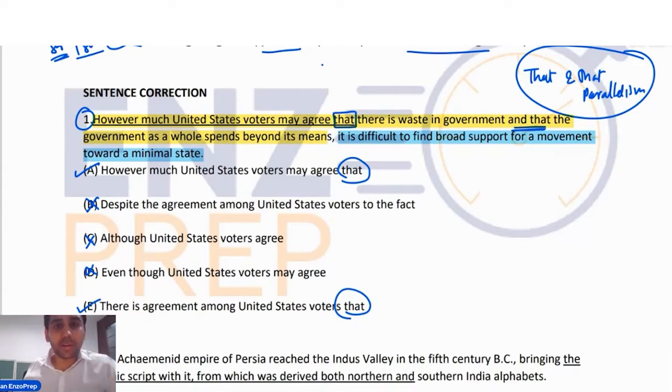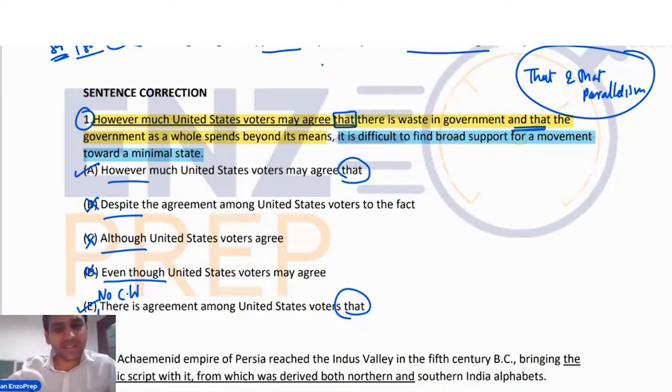So you find the word however is a contrast word, despite is a contrast word, although is a contrast word, even though is a contrast word, but in E, there is no contrast word. And if you don't have any contrast word, then the literal meaning of the sentence is going to be that because there is agreement among United States voters, therefore it's difficult to find broad support. And that makes no sense.